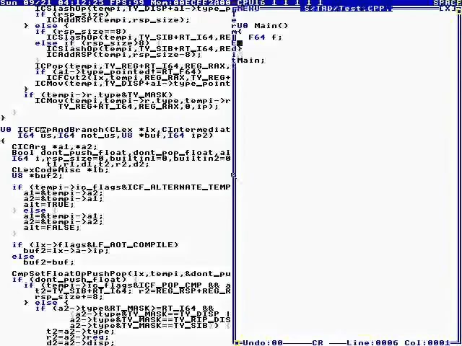Compare and branch. If f less than or equal to, so we just want to execute.